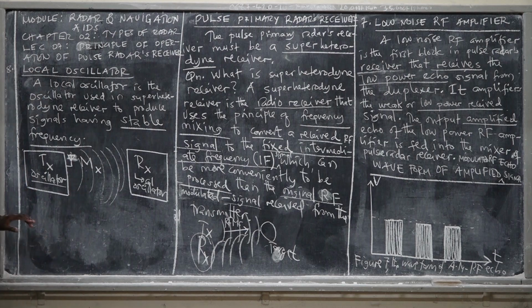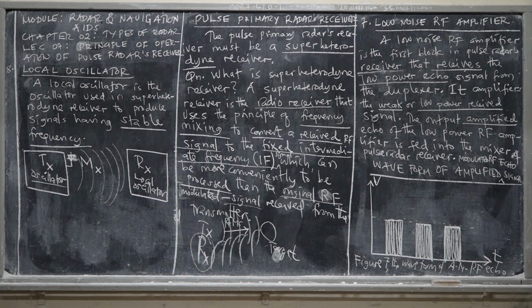So that's the meaning of local oscillator. It produces a signal with a stable frequency, in most cases a radio wave of a slightly different frequency from the one that will be received, and then the processing is done within the receiver. That's why we call it a local oscillator.